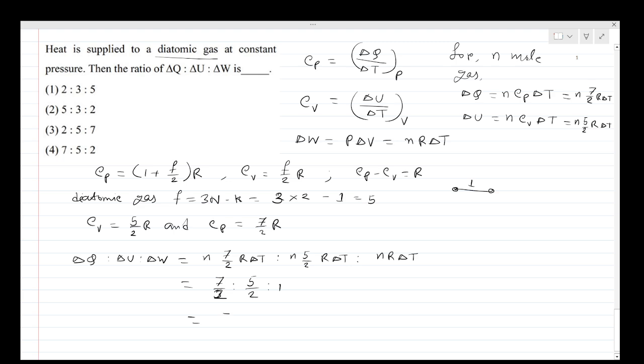We can write 7 is to 5 is to 2. That means according to the answer, option number 4 is right.